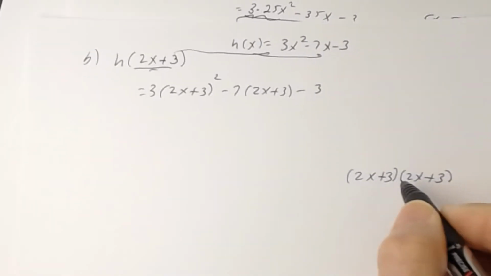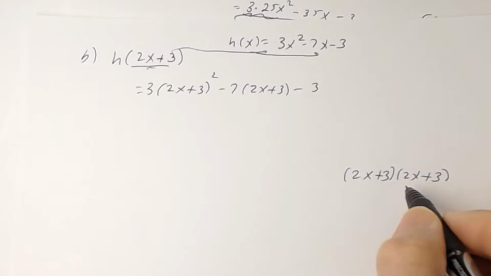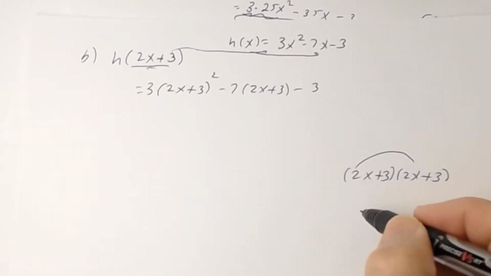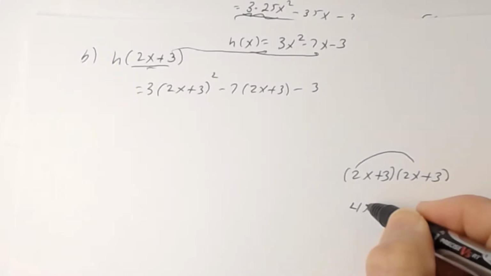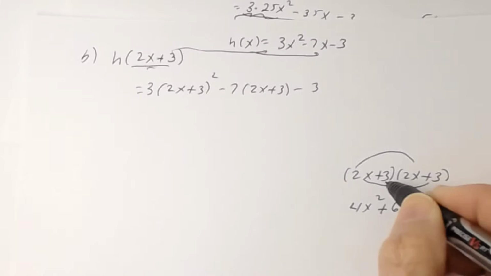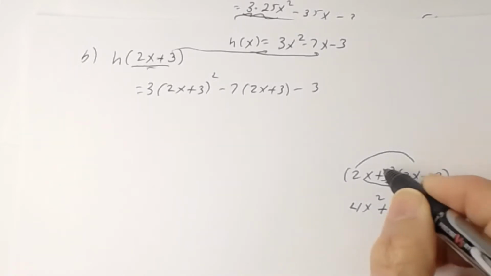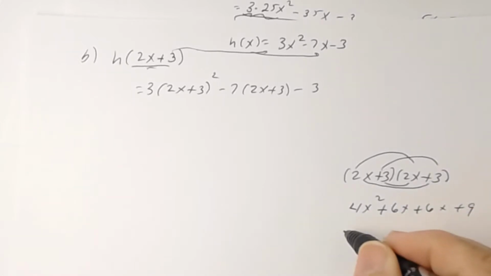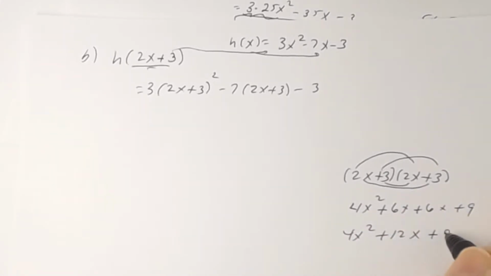How are you going to multiply this out? The FOIL method. So it's 2x times 2x. What's the outer? What's the inner? And what's the last? 9. Combine like terms, you get 4x squared plus 12x plus 9.